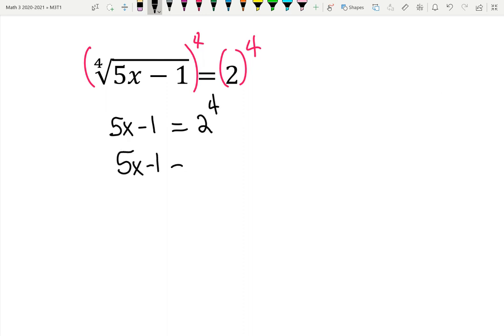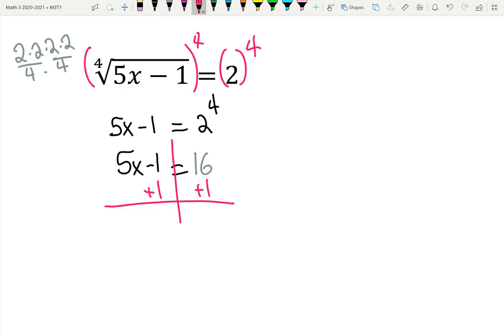Well, what is 2 to the fourth? 2 times 2 times 2 times 2, and you get the result, it's 16. 5x is going to be equal to 17. And I divide by 5, and I get a solution, 17/5.